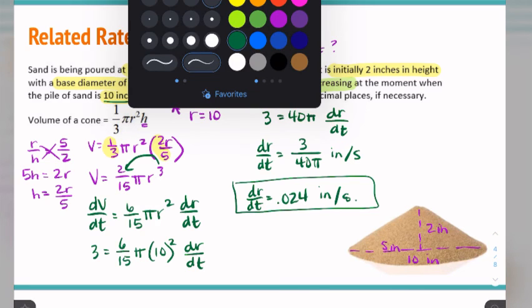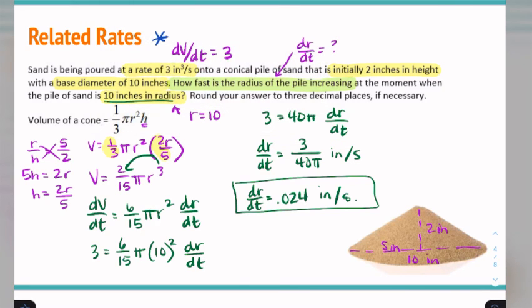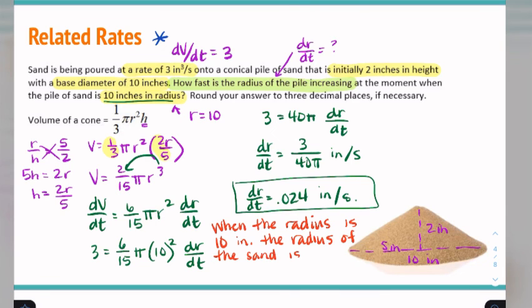So my sentence is going to say, when the radius is 10 inches, the radius of the sand is increasing by 0.024 inches per second.